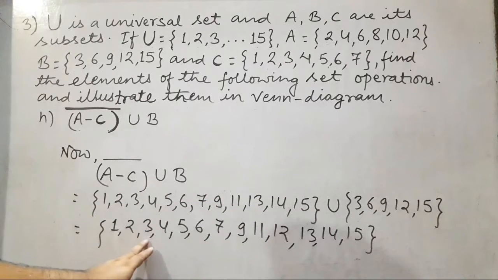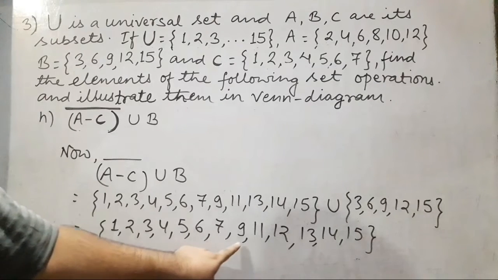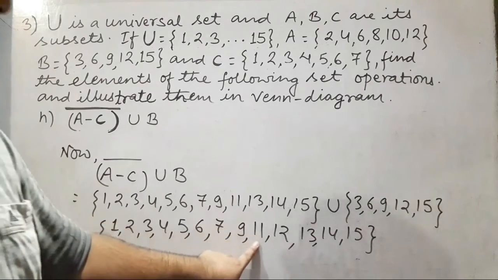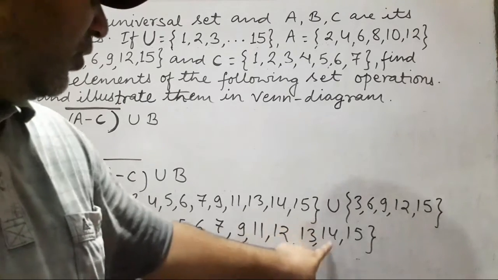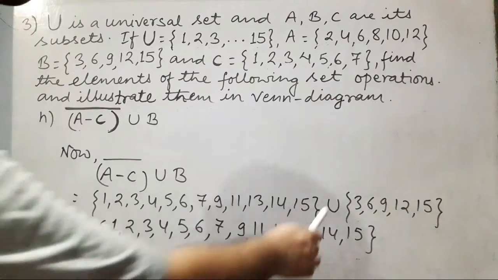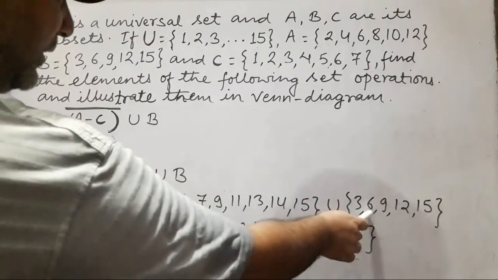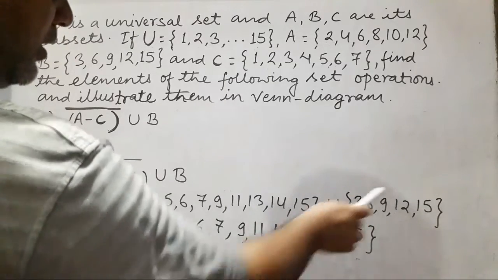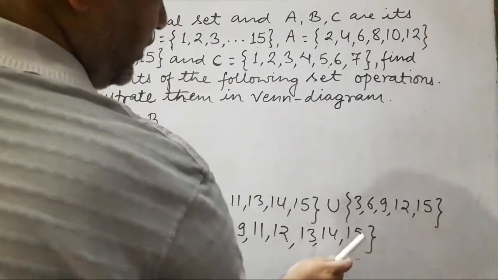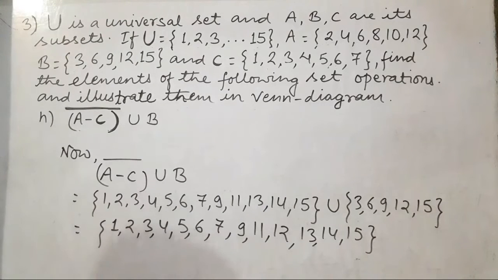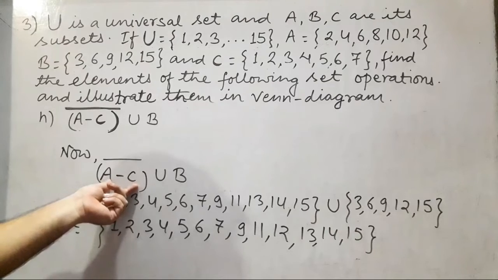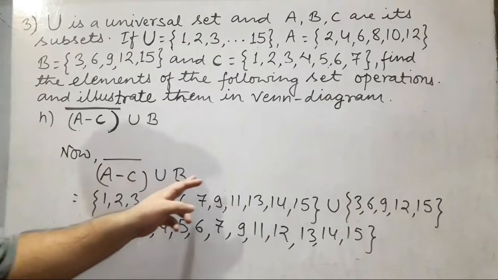Now 3, 6, 9 written, 12 written, 15 written. We have missed no elements. So we got this much from A minus C complement union B.